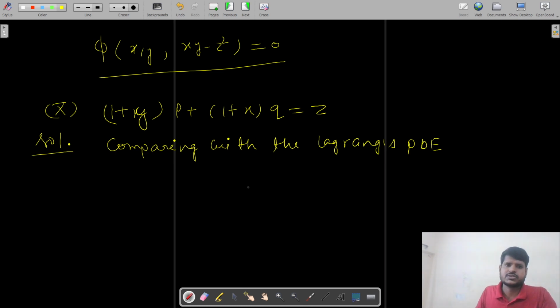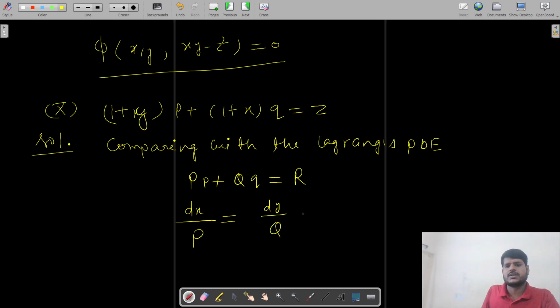This is capital P small p plus capital Q small q is equal to R. So we have dx upon capital P is equal to dy upon capital Q is equal to dz upon capital R, right?